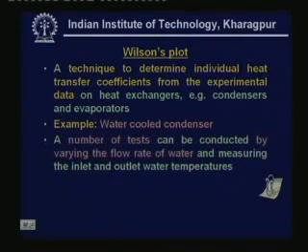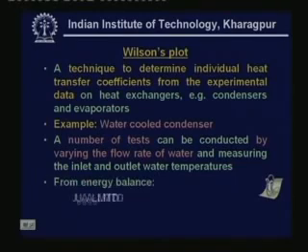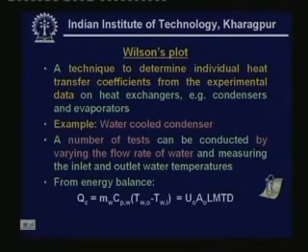A number of tests can be conducted by varying the flow rate of water and measuring the inlet and outlet water temperatures. From energy balance, we have QC equal to MW CPW into delta T for the water side, which can be measured, and this is equal to U naught A naught into LMTD. Since LMTD can be obtained because we are measuring the temperatures, and A naught is known, from this expression you can find the overall heat transfer coefficient from the experimental measurements.